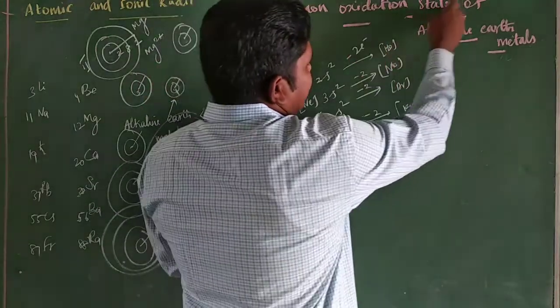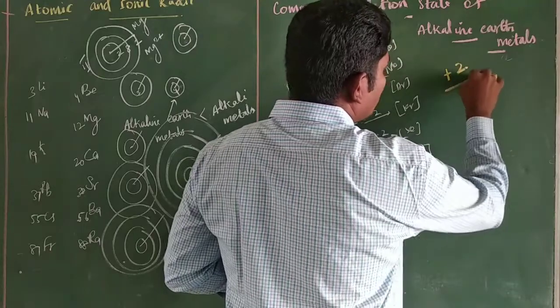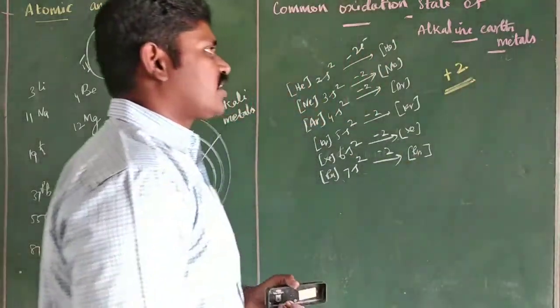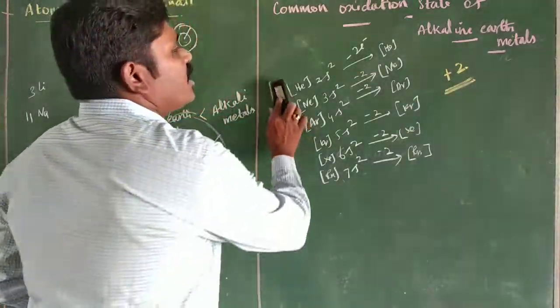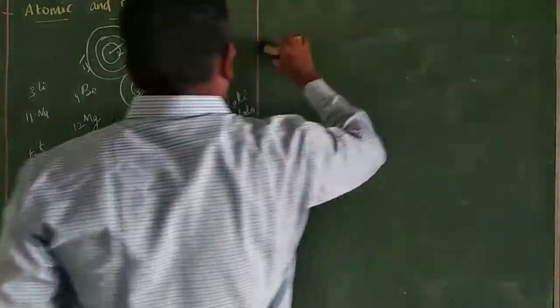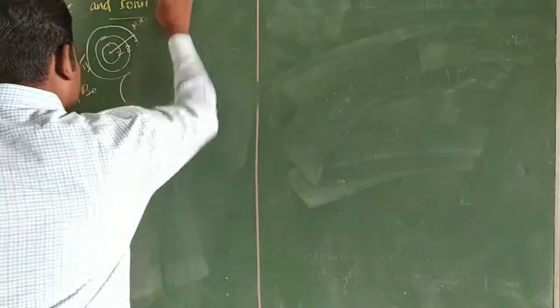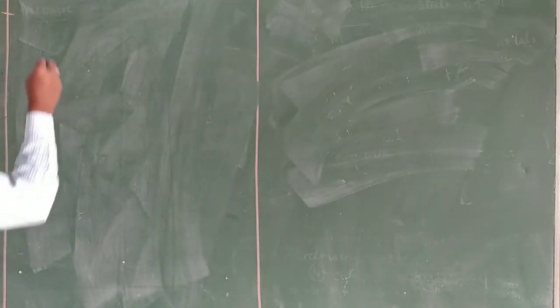So the common oxidation state of alkaline earth metals is +2. The next topic is ionization enthalpy.